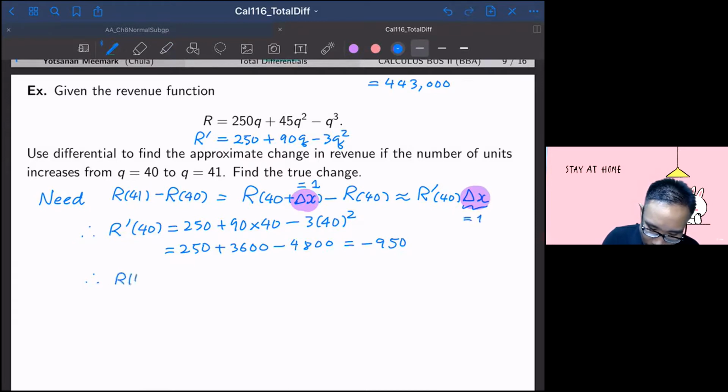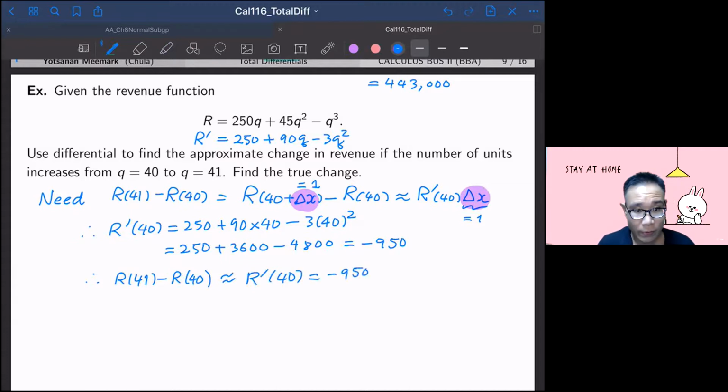So you have 41 minus 40 is about R prime at 40, which is negative 950. In this case, this is going to be the approximation.